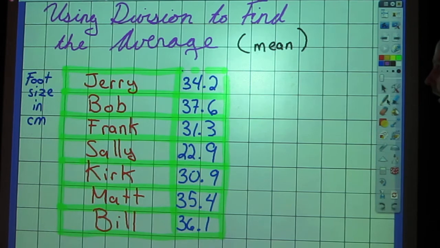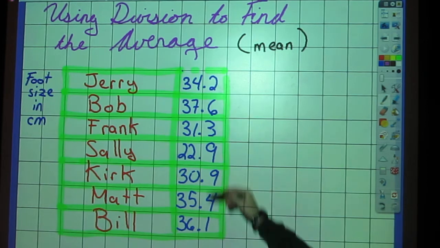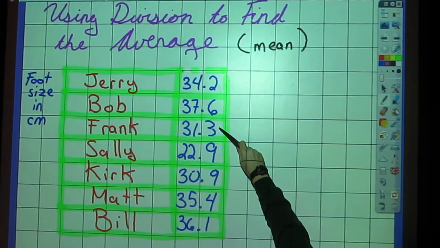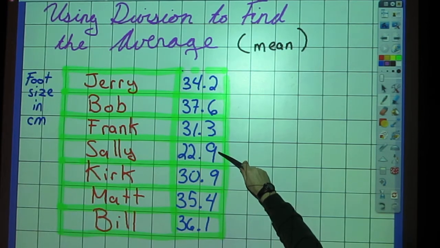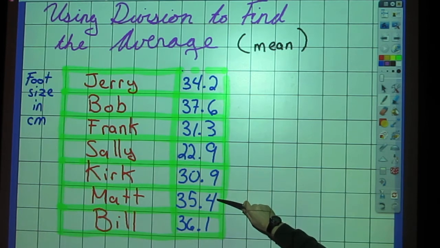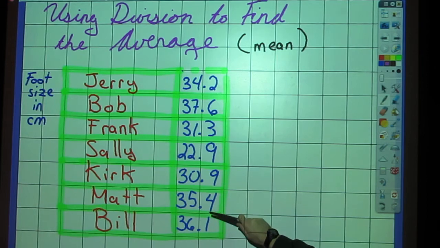So let's do our addition to start. The first thing I'm going to do is actually put my decimal place, because I know it's addition, it just needs to line up. 2 and 6 is 8, 8 and 3 is 11, 11 and 9 is 20, 20 and 9 is 29, 29 and 4 is 33, and 1 is 34.